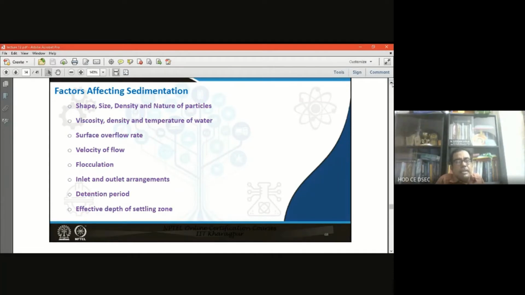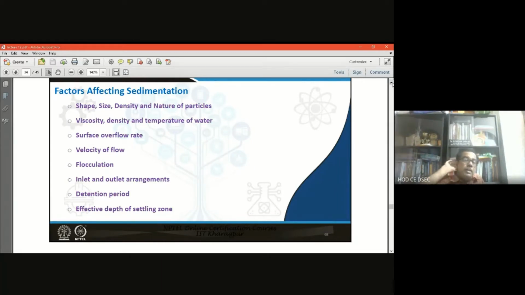So in the sedimentation process, the diameter has a very important role. The greater the diameter, the more particles will be settled. The smaller the diameter, the fewer particles will be settled. So shape and size of the particle play a factor. Then density of the particle and the nature of the particle.